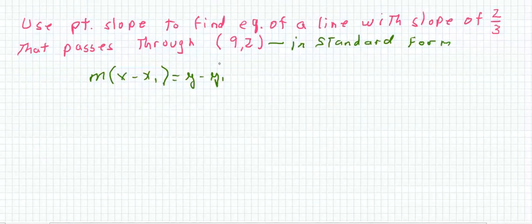We substitute: 9 for x1, 2 for y1, and 2/3 for the slope. So we have 2/3 times x minus 9 equals y minus 2. That's all there is to it.